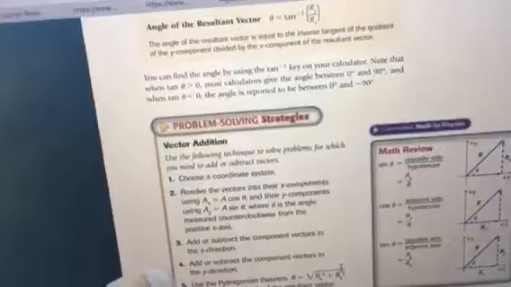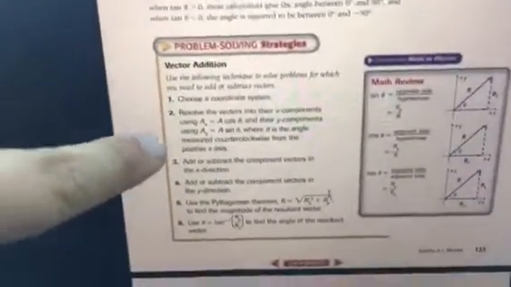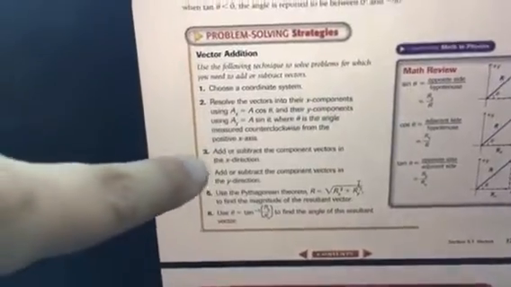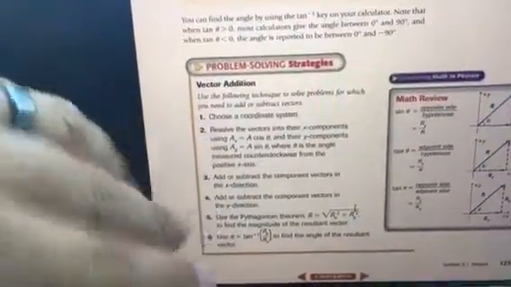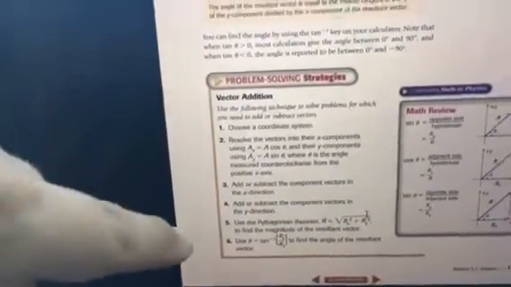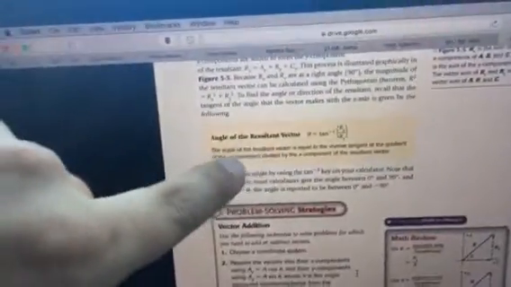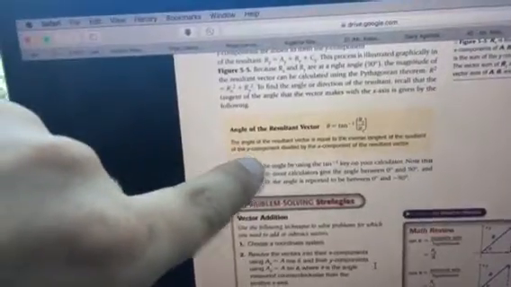And even better is just to go right here and look at the problem solving strategies on page 123. So this tells you how to figure out your answer when you need to know parts of the triangle and when you need to figure out the angle. So just keep in mind, this angle is the inverse tangent, okay?